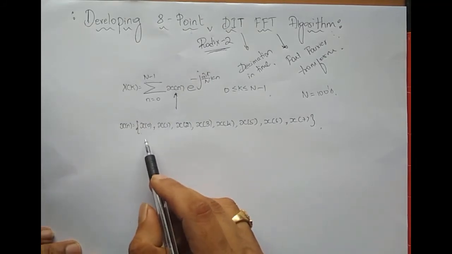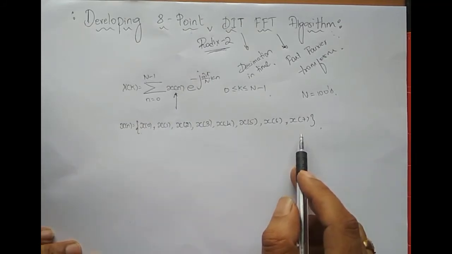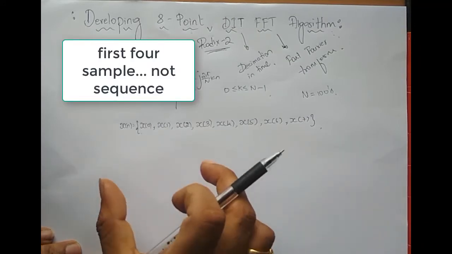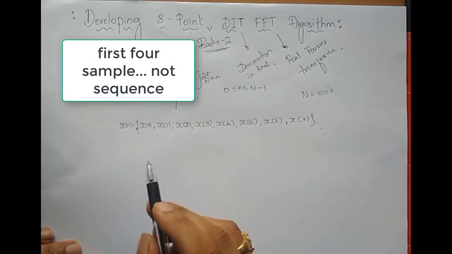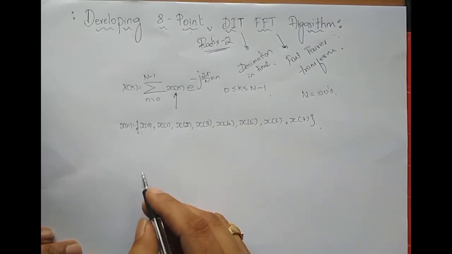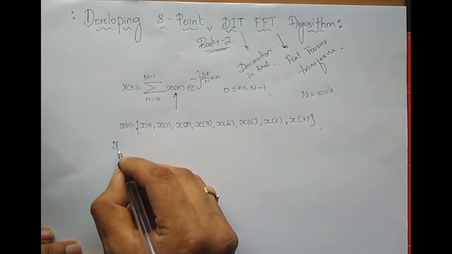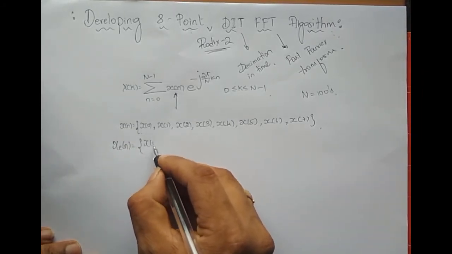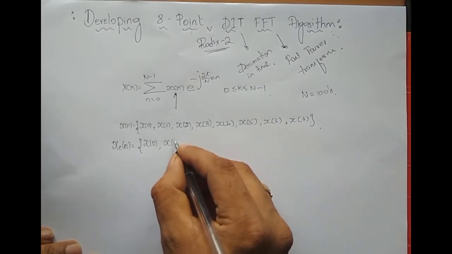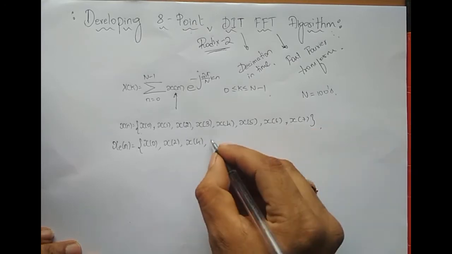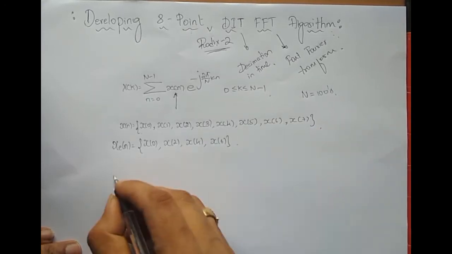So we are going to decimate this sequence into two sequences of length 4, where the first 4-point sequence is all the even samples of this, and the next 4-point sequence is all the odd samples of this. So what is the even sequence? We have x e of n, all the even samples, which is x of 0, x of 2, x of 4, and the last one is x of 6.